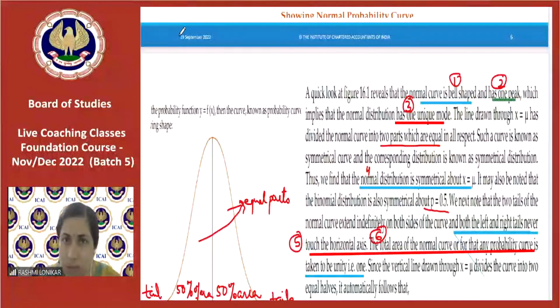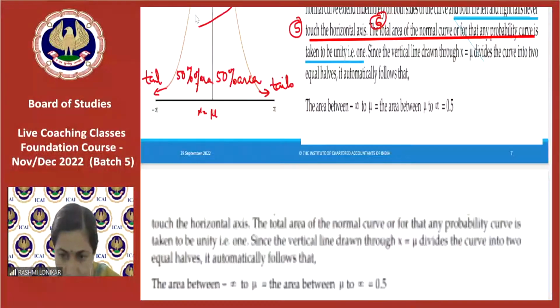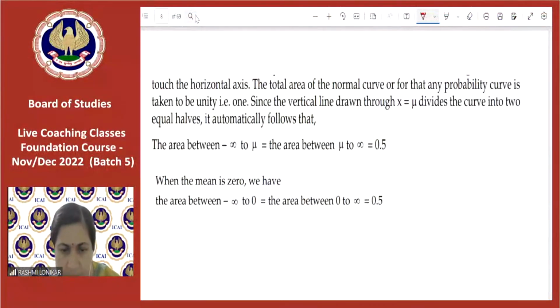Then it is bell shaped. It has one unique peak, so it has one unique mode. Then the line will divide the curve into two equal parts. Then the left and right tails never touch the x-axis, and the total area under the curve is equal to 1. Okay, I hope you've understood till now.